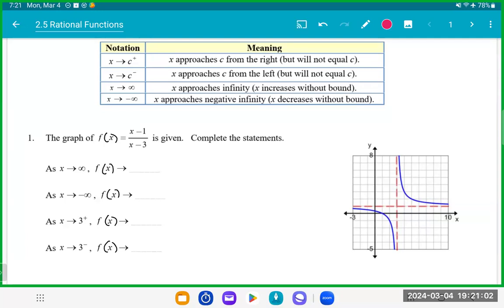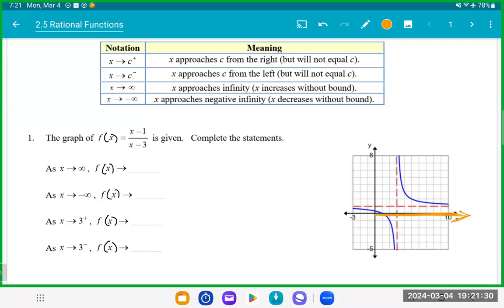Okay. So if we want to look at this graph and I want to determine what is the value of my function when my x is going to infinity. So, right, if x is going to infinity, that means that x is coming out here as far as I can come out here.